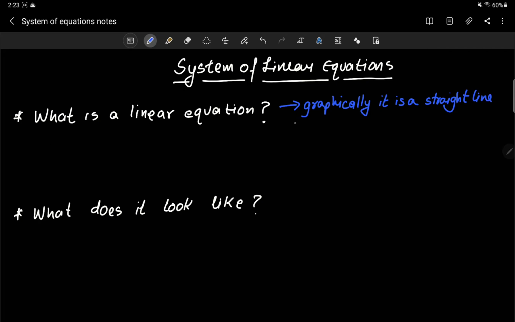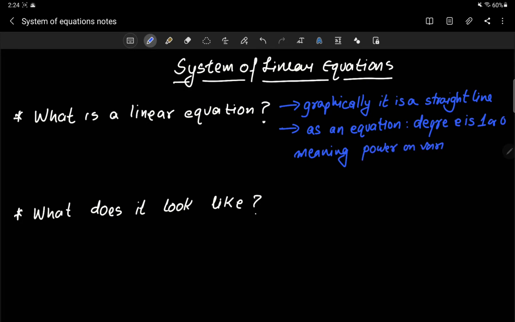In terms of an equation, we say that the degree is 1 or 0, meaning the power on the variable, that is x, is 1 or 0.